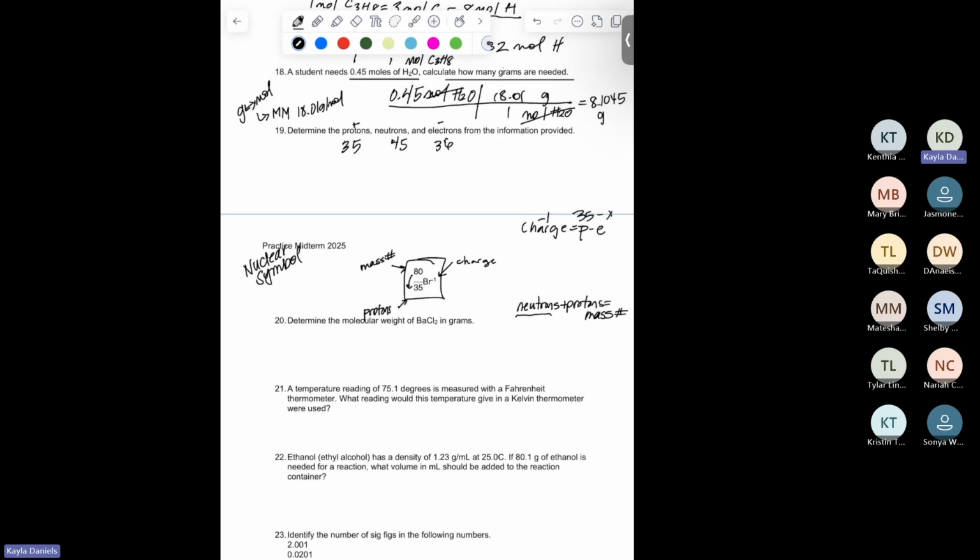To get x by itself, subtract 35 from each side. 35 minus 1 is -36 equals -x, but if I divide by -1 on each side, I get x equals 36.